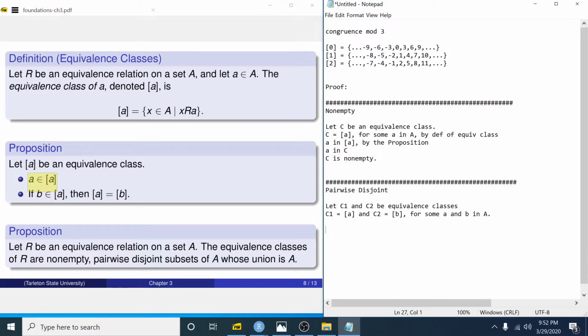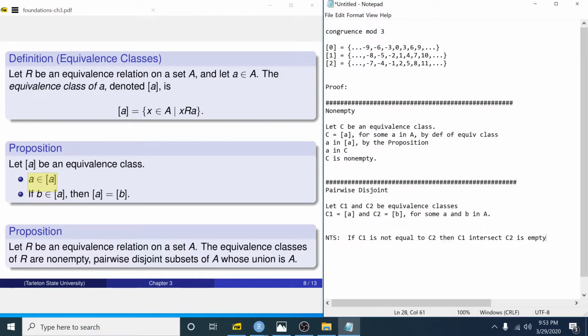We'll use that in a second, but right now I want to write down, what does pairwise disjoint mean? We need to show that if C1 is not equal to C2, then C1 intersect C2 is empty. That's what we need to show.